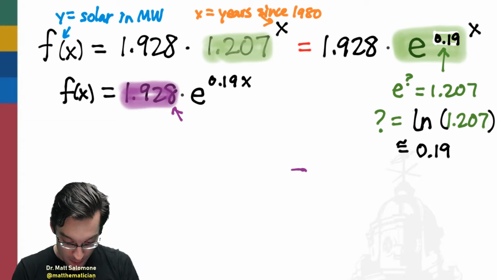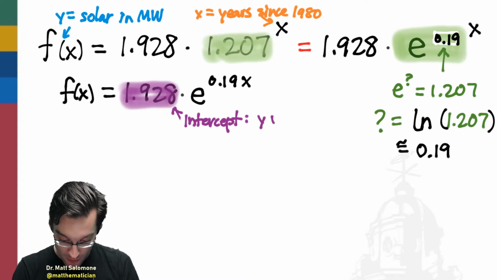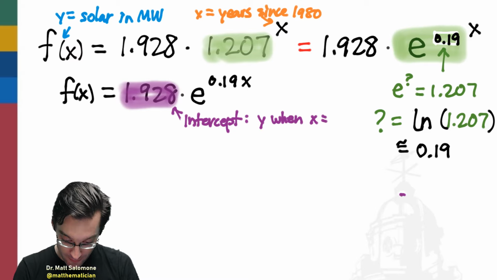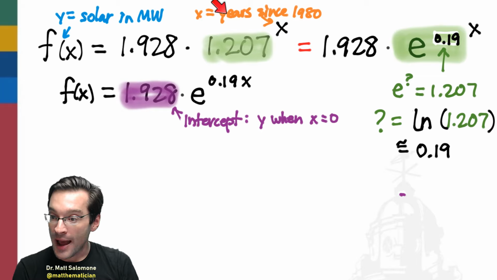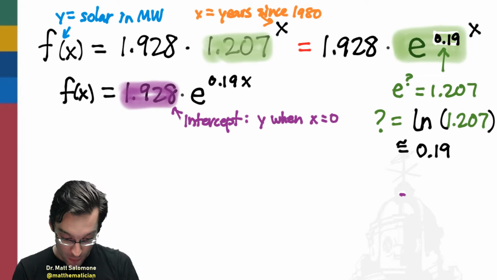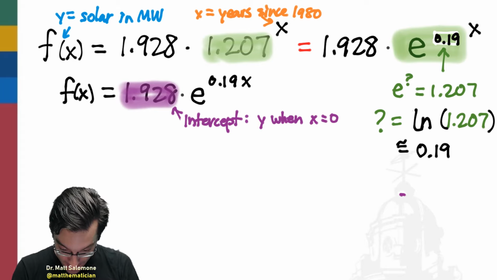Okay, so how do we interpret the y-intercept? Well, just like with any y-intercept, the y-intercept measures the value of y when the value of x is equal to 0. But the value of x is 0 when years since 1980 is 0. In other words, we're at the year 1980.